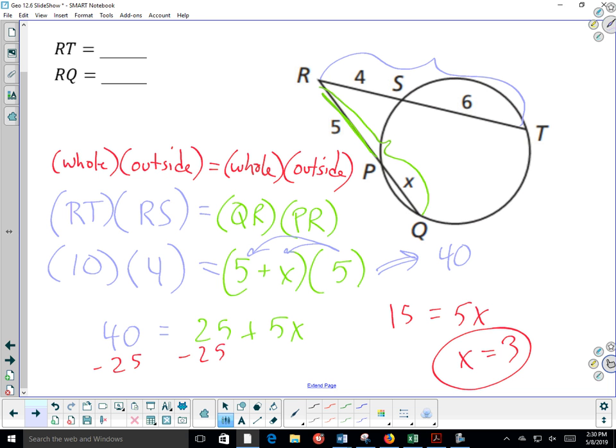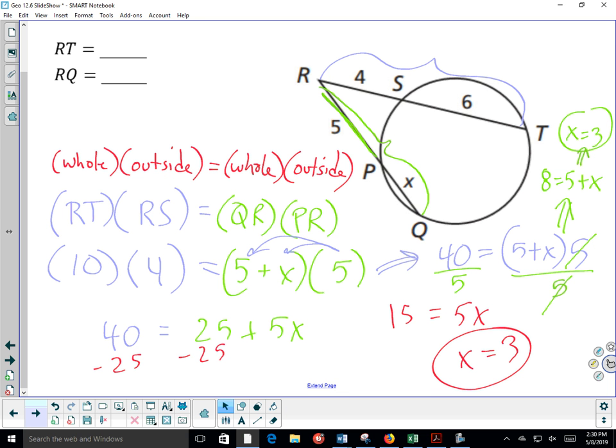So you had this equation, 40 equals 5 plus x times 5, and then you divided both sides by 5, and these 5's divided out. So then you were left with 8 equals 5 plus x, and then you subtracted 5 and got x equals 3, just like we got here. Nice. Questions on this? All right.